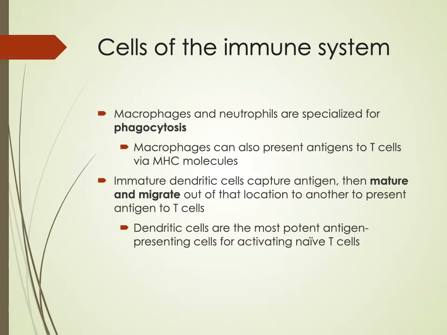Now, with an immature dendritic cell, once it captures antigen, it will then become mature and then migrate to the location, and then it is able to present to T cells. So again, there are little nuances between the differences in how macrophages and dendritic cells mature that make them unique.